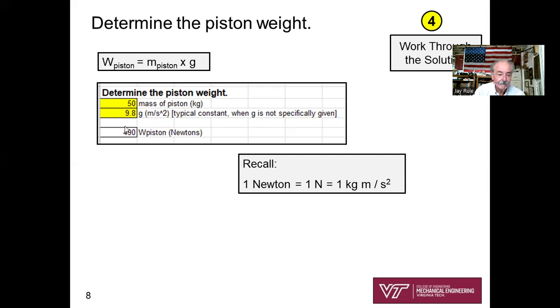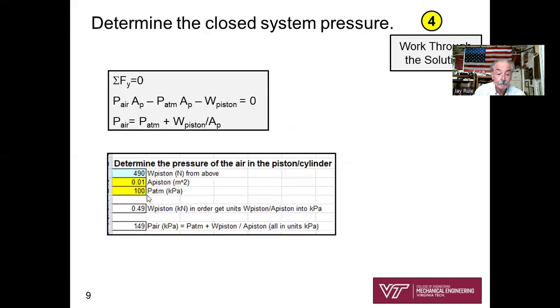So now I do the math. mg is 490. There's the weight of the piston. And I look at my units. I've written out newtons, or N. 1 N is a newton, and a newton is a kilogram meter per second squared. I can visually look at my work to see my units are good. The weight of the piston, 490 newtons.